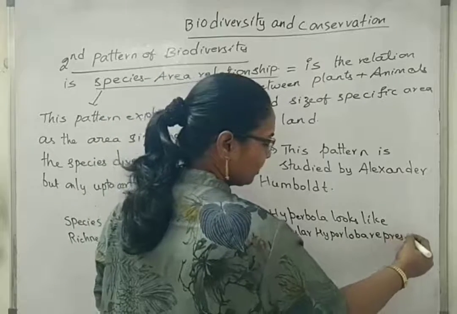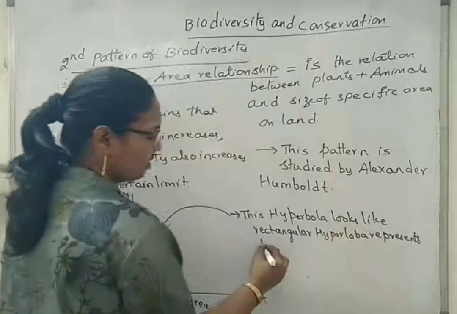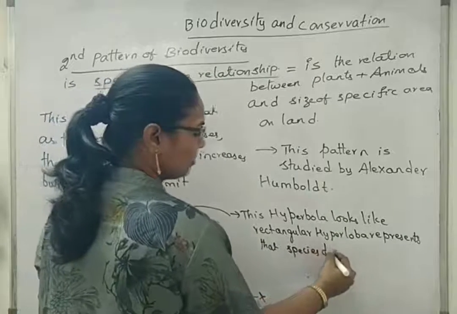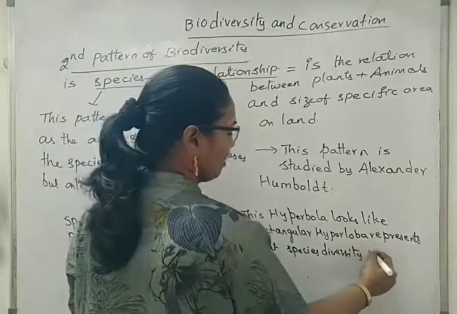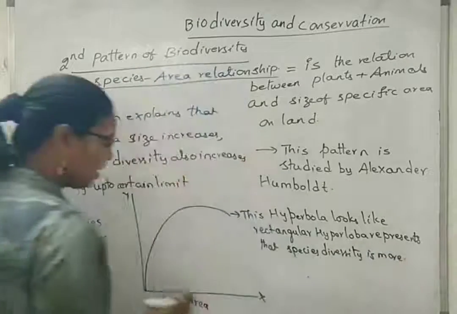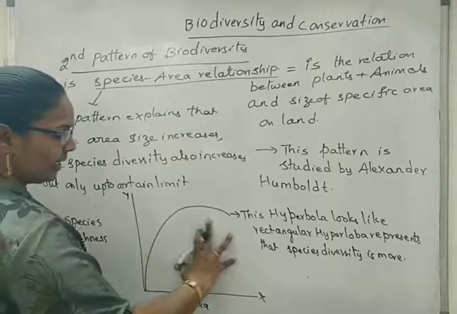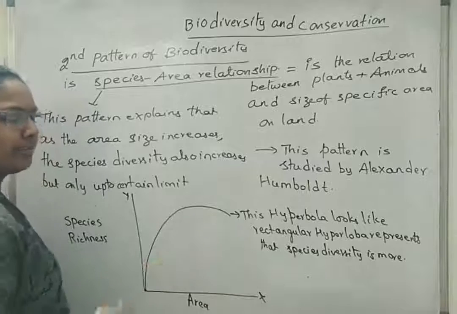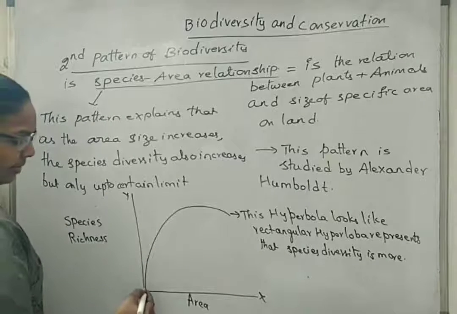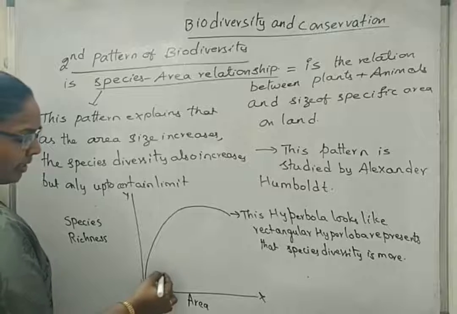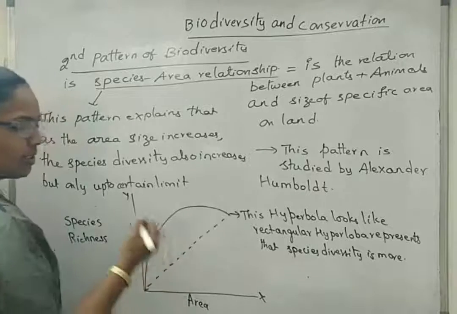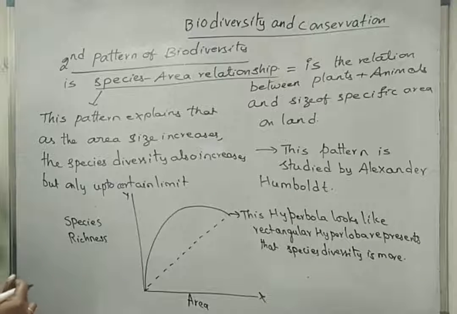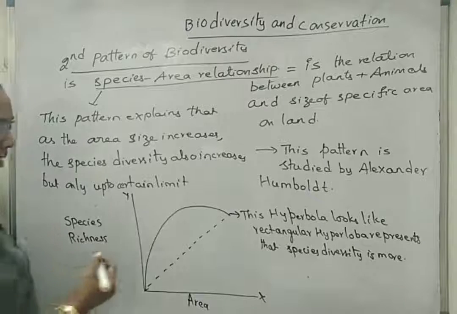It represents that species diversity is more as the area increases. If we draw an imaginary line like this, it represents the number of organisms or the species richness in one particular area.